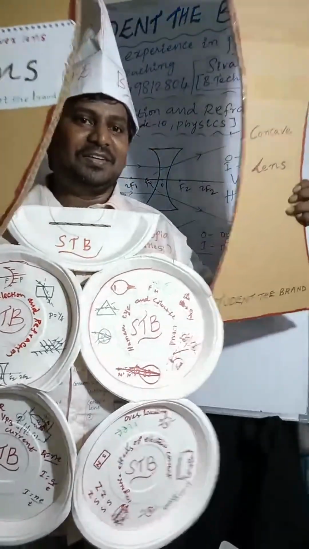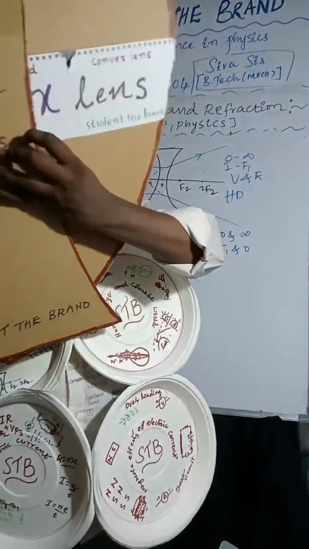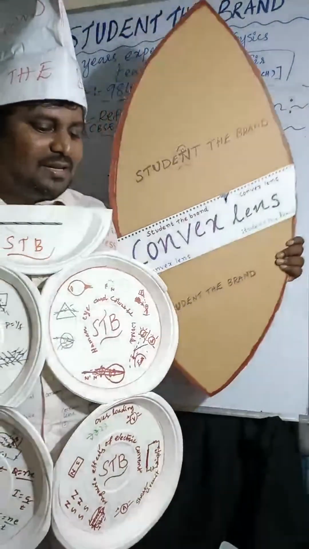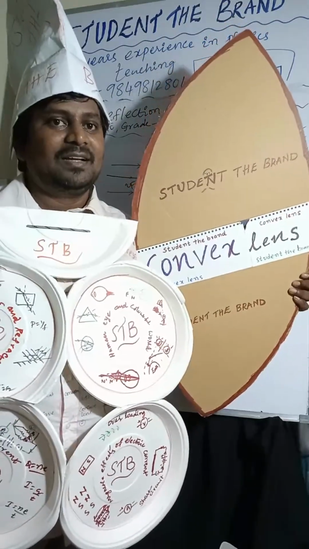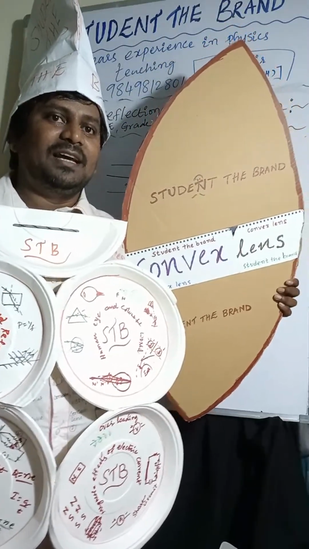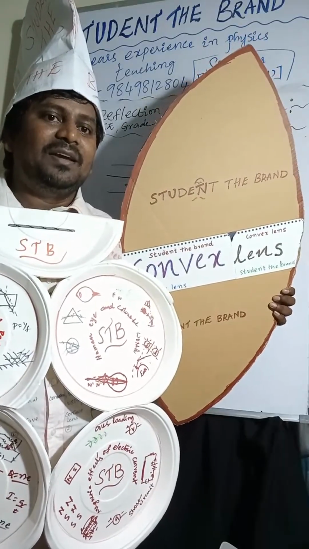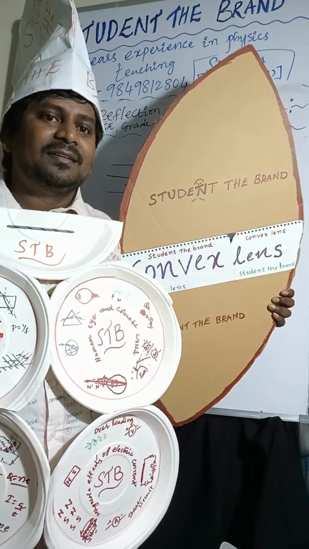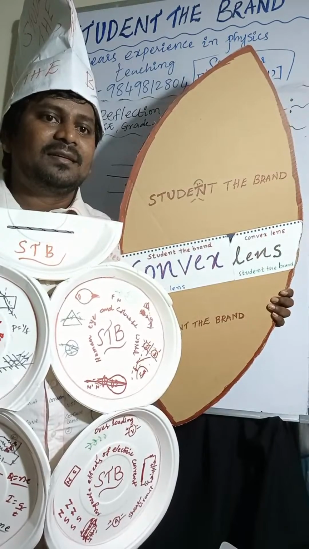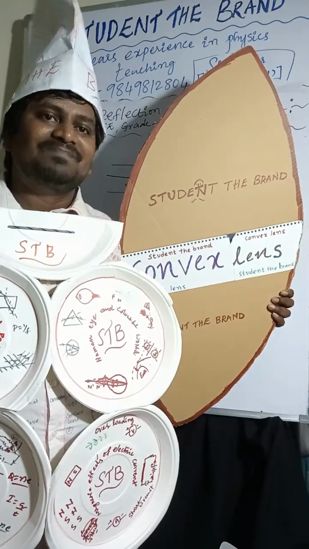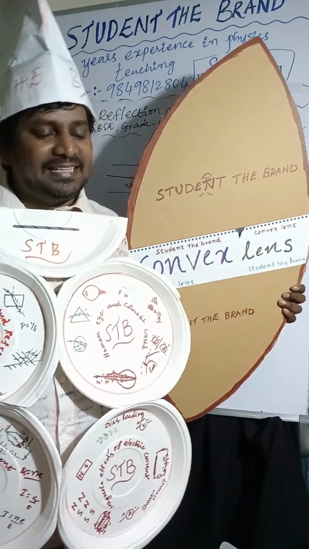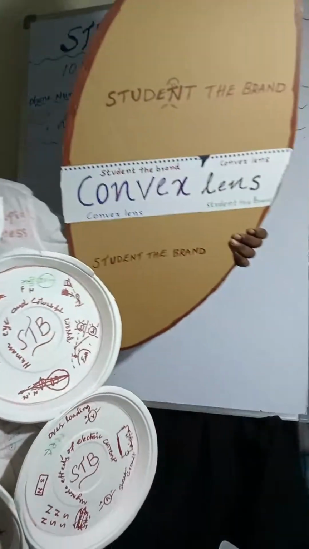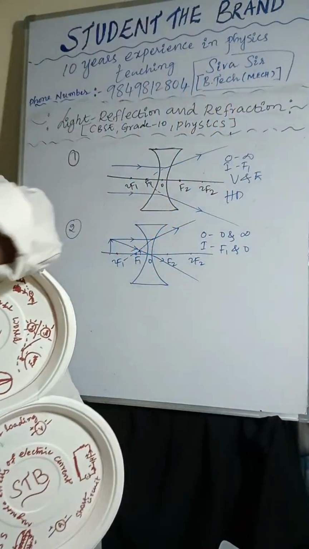Convex lens and concave lens, both. So I did it like this. By seeing them immediately, we can recognize them in a big manner. Understood? Yes. Thank you so much. So I hope it is very clear to all.